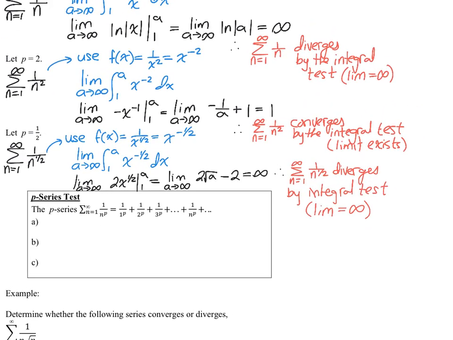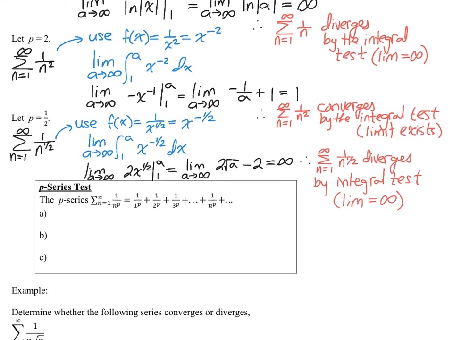So any non-finite value is going to lead to a diverging situation. A lot of work. If I'm introducing a new test, a p-series test, you wouldn't want it to rely specifically on something that we've already learned. At minimum, this is good practice with the integral test, which is another test you need to know. But the conclusions here are what are the most meaningful.